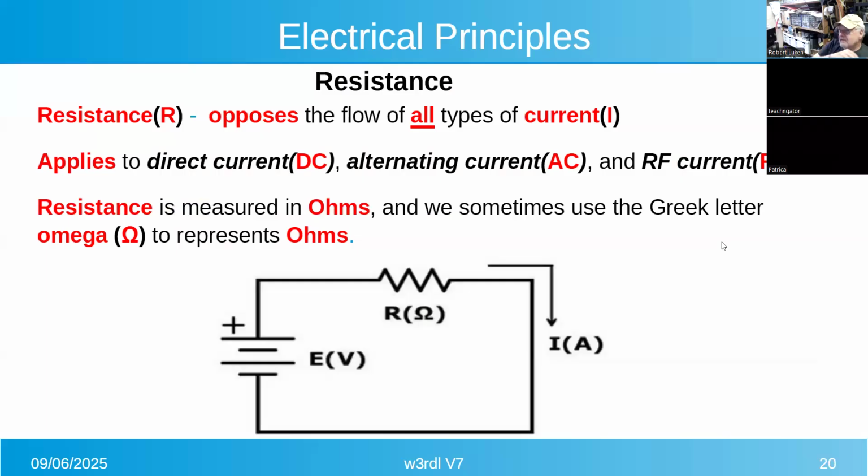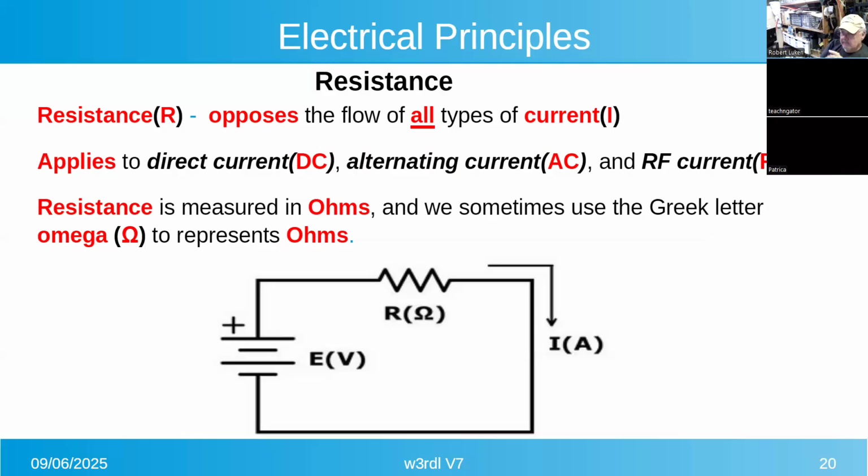Now resistance, because we've talked about voltage and current. Resistance opposes the flow of all types of current, AC or DC. It doesn't care. We'll talk about capacitors and inductors later, and they behave differently whether it's DC current or alternating current, or RF, which is really alternating current.